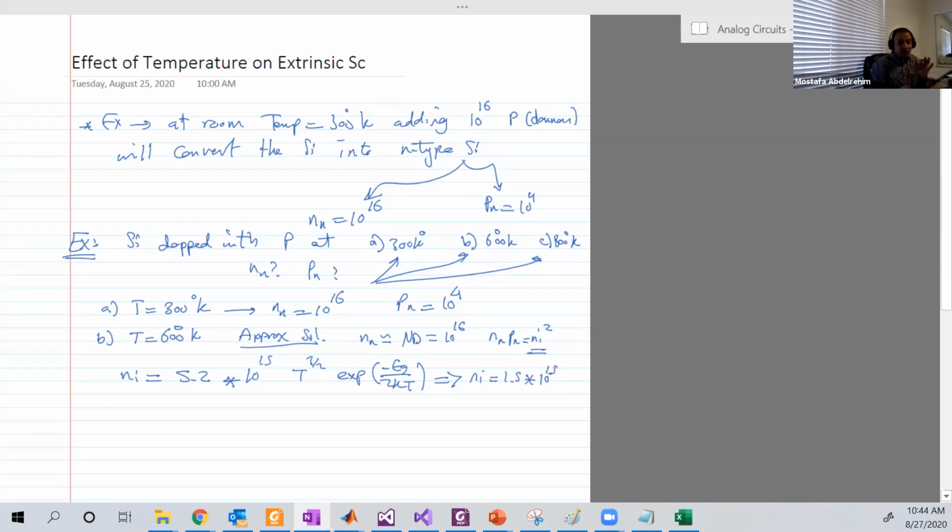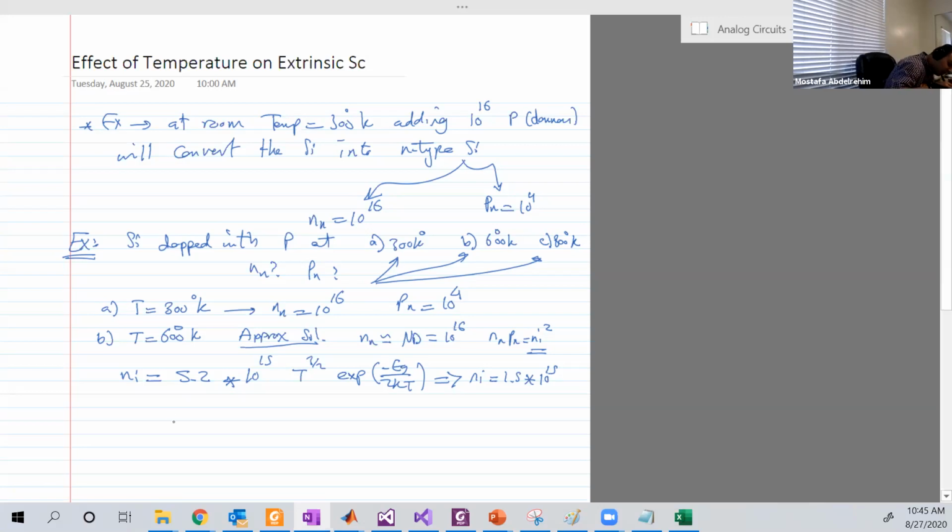So there is a very strong potential for a mistake, if you assume that Ni is 10 to the power 10 each time. No. If the temperature changes, Ni will change. And it changed dramatically. It increases more than 100,000 times, from 10 to the power 10 to 10 to the power 15.